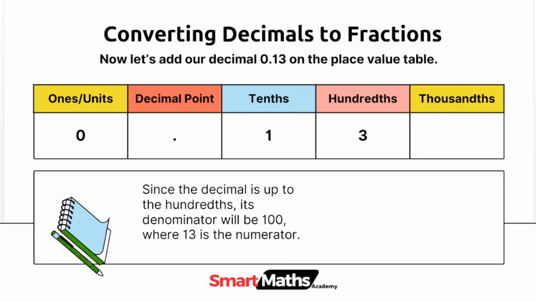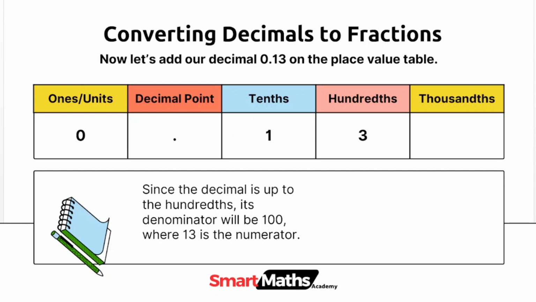So let's look at 0.13. You want to put it as a fraction. So what we're going to do is put it on the place value table. So 0 will be under the unit, then the decimal point, then 1 will be under tenth, and 3 is under what? Hundredths. So which means this 13 is 13 over 100.